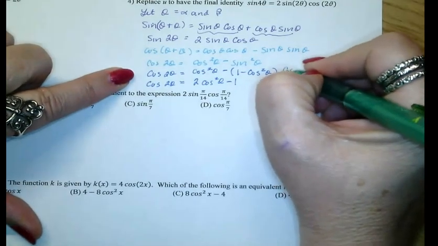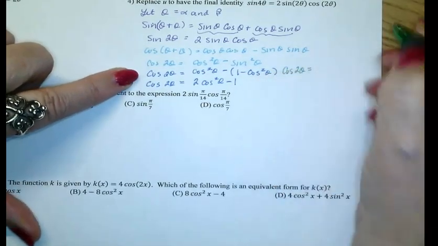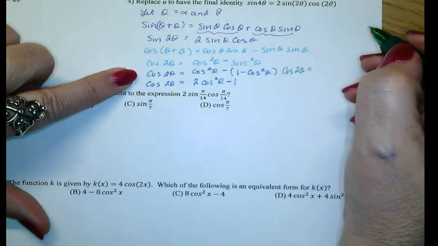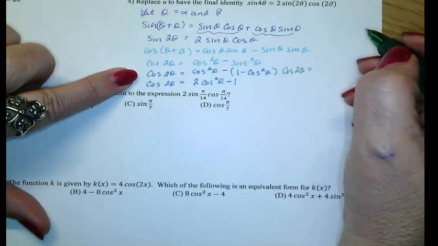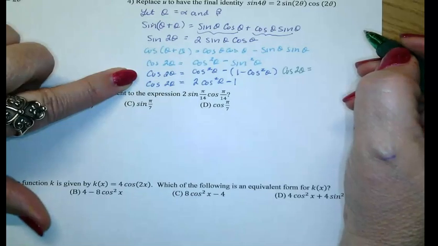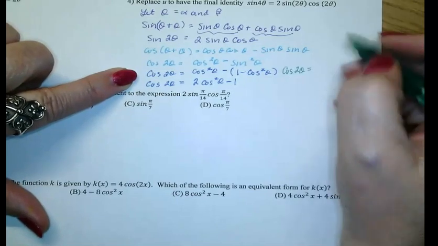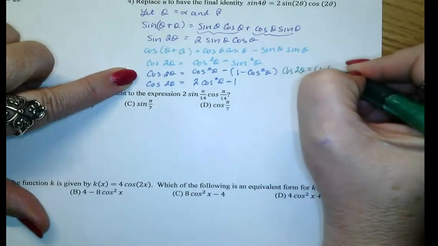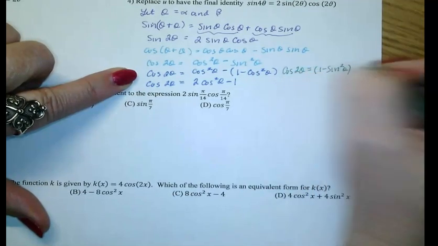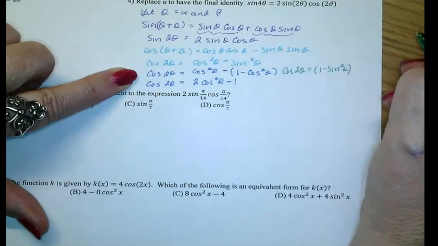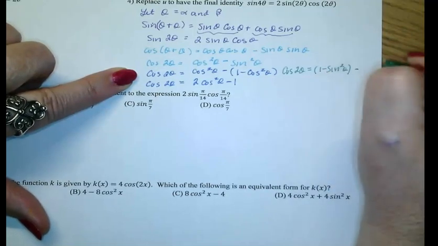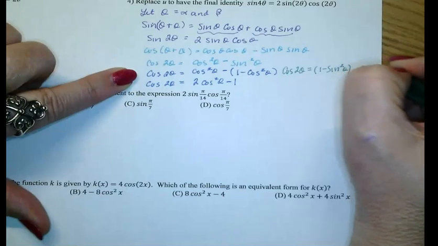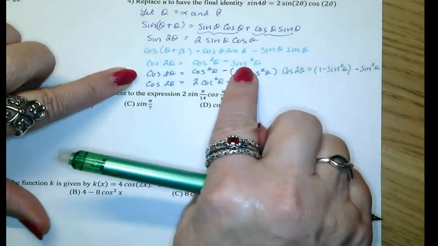So I can say cosine of 2 theta equals, and so what I'm doing now is I'm using the sine version of cosine. So instead of cosine squared theta, I'm going to put 1 minus sine squared theta, my Pythagorean identity. But this time I'm going to have minus sine squared theta because that's this part of the identity.